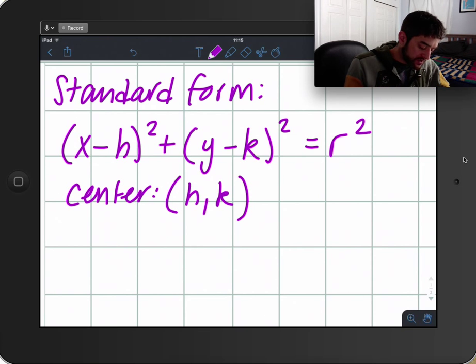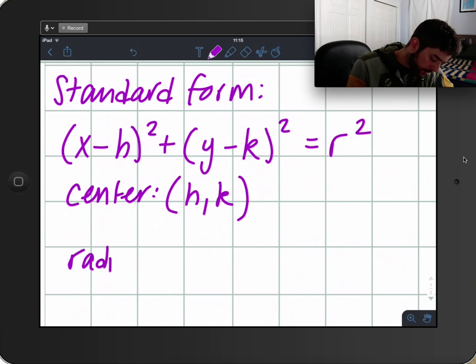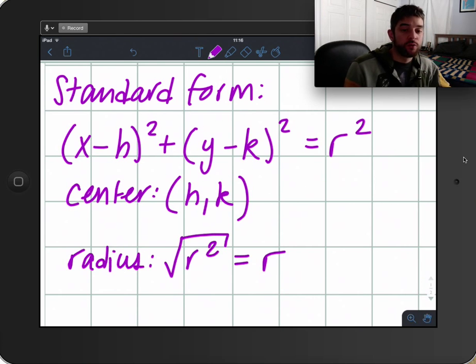Now, the center is at h comma k, but notice that h is being subtracted from x, so there's going to be a little bit of a sign switch there that we'll see when we get into our examples. And our radius of the circle is the square root of r squared, or r. So you'll always have r squared on the other side of the equal sign, so you have to take the square root of that to get the radius of the circle.